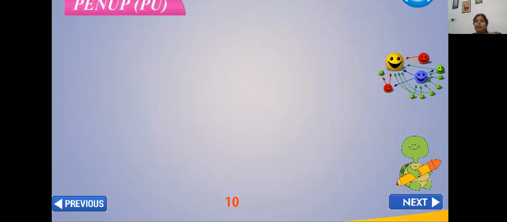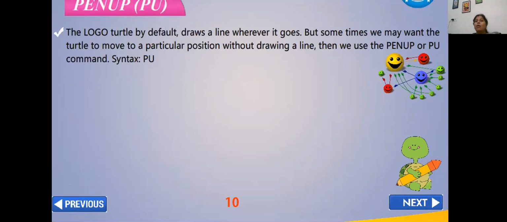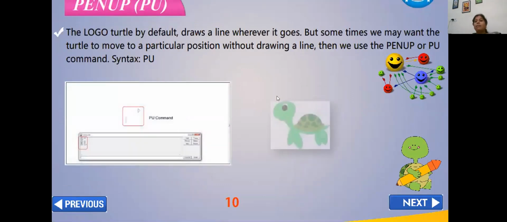Then pen up, whenever you want to move the turtle from one place to another and you don't want a line over there, you have to use pen up. Then the turtle will lift up the pen, and whatever next instructions you give to the turtle, it will follow, but without drawing a line.